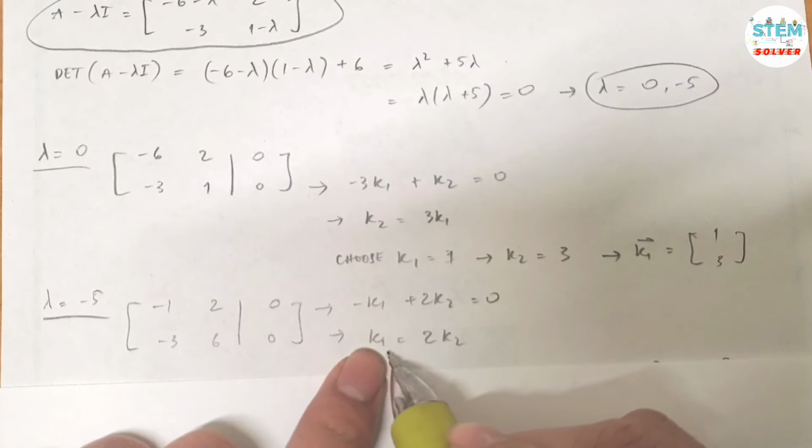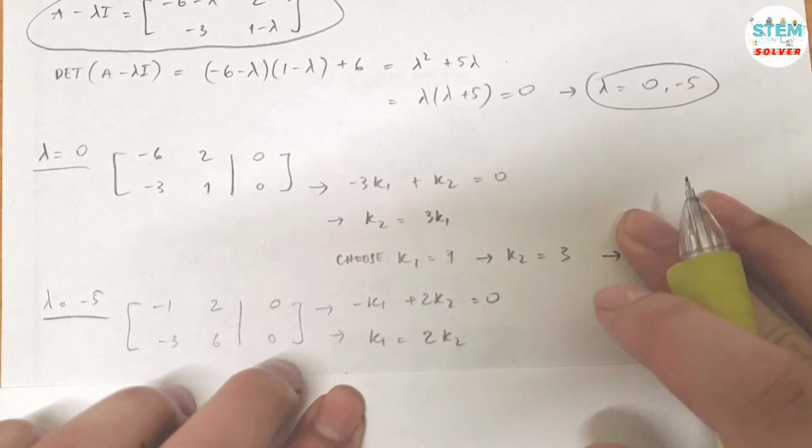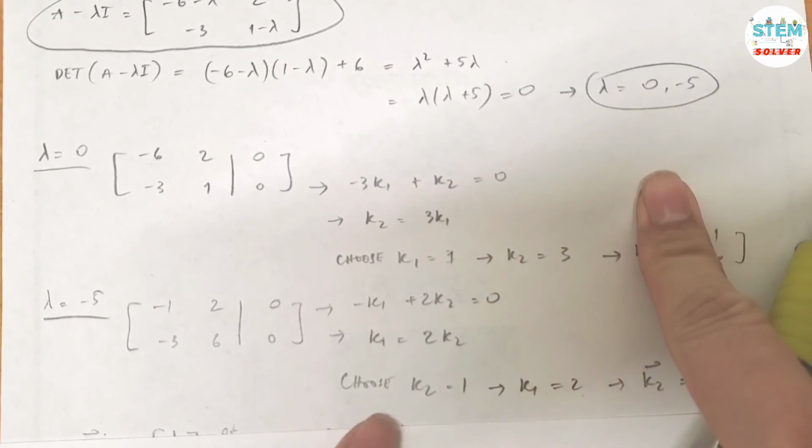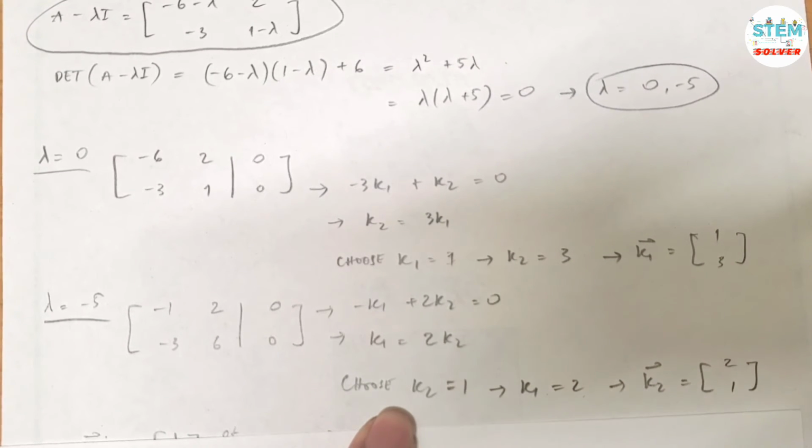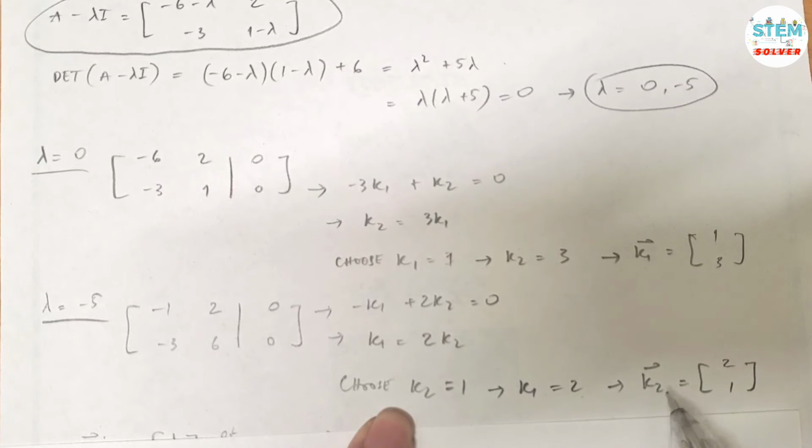Solving for k1, I get k1 equals 2 k2. It's similar to the previous one. If I choose k2 equals 1, I get k1 equals 2. Then my vector k2 is (2, 1). Again, you can choose whatever value for k2 or k1 and solve for the other.